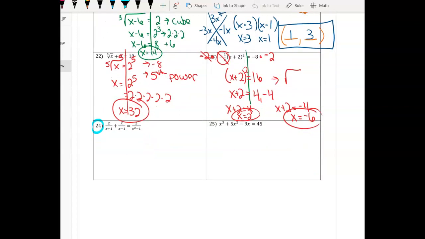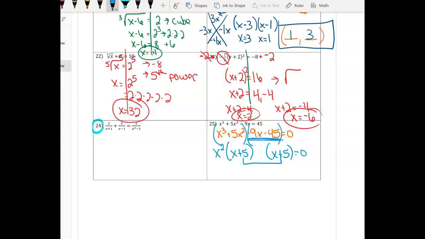All right, I'm going to do 25 next. I see more than one type of x, so I will need to have it equal 0, so I'm going to subtract that 45 over. And now first step of factoring is looking for a GCF, which I don't see one, so 4 terms, I'm going to group them. I will take an x squared as a GCF out, and I'll have x plus 5. And then I will be having its match, its partner, its twin.